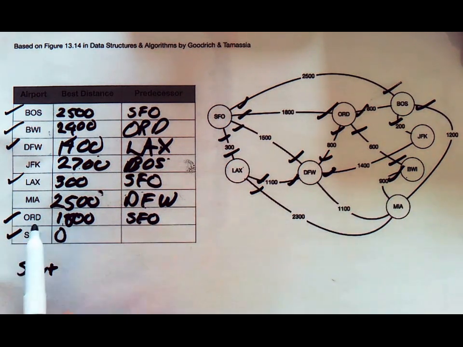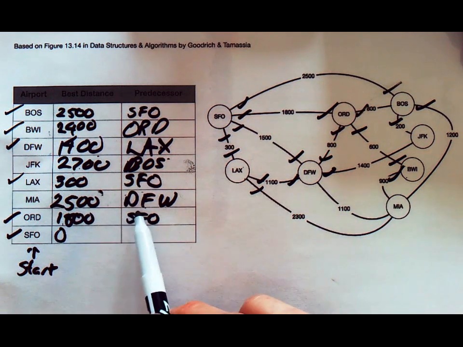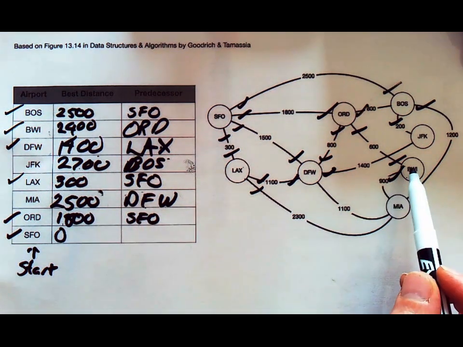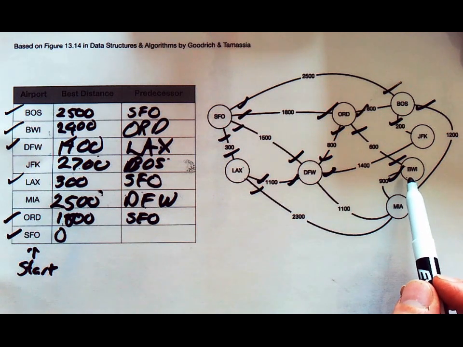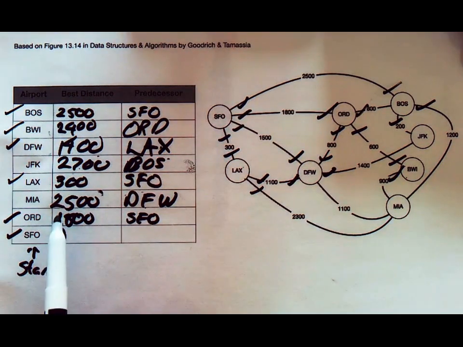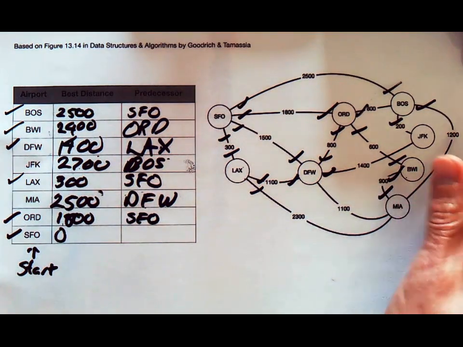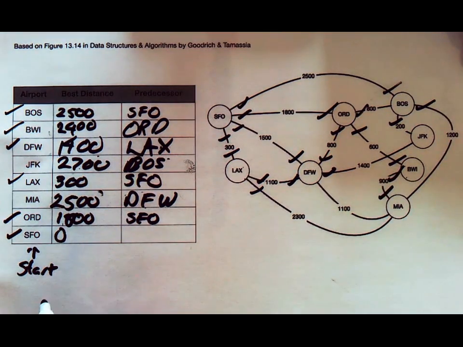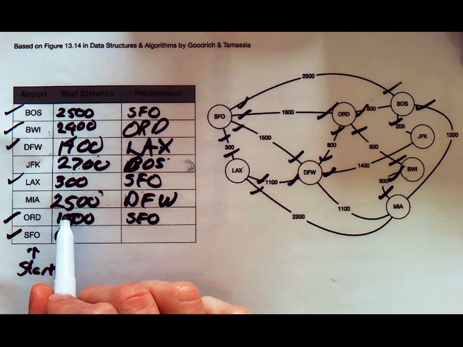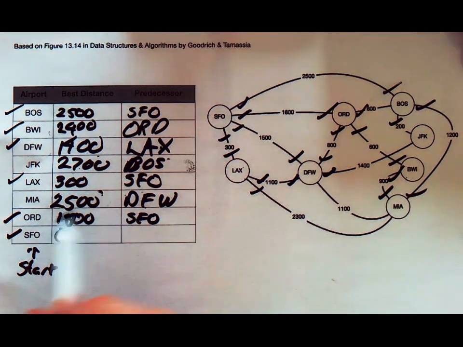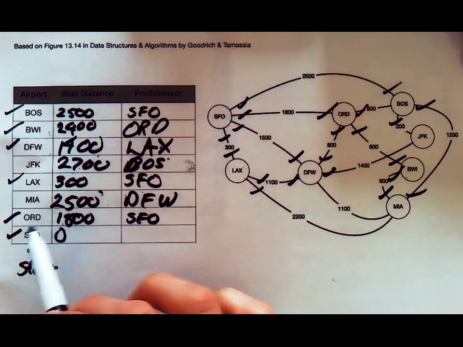Miami looks like our best bet, lowest total distance. So it's 2,500 miles away from San Francisco. If we go through Dallas, it would take another 900 miles to get back to Baltimore. So that's 3,400. That's no better than what we found so far. Another 1,200 miles to get back to Boston. So that would be 3,600, and that's no good. Another 1,100 miles to get back to Dallas.